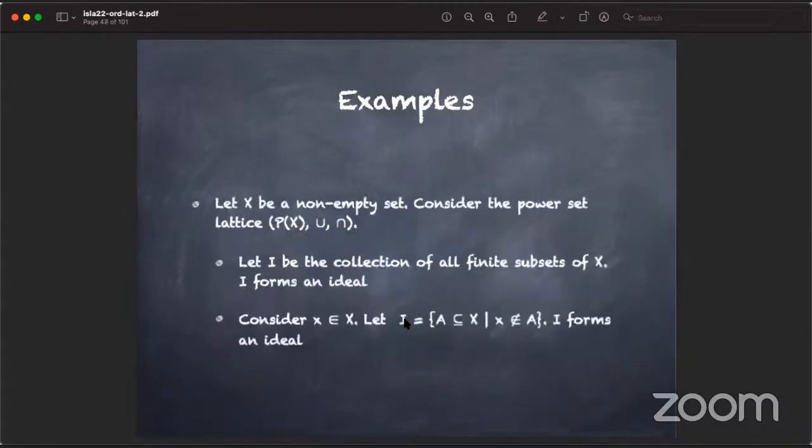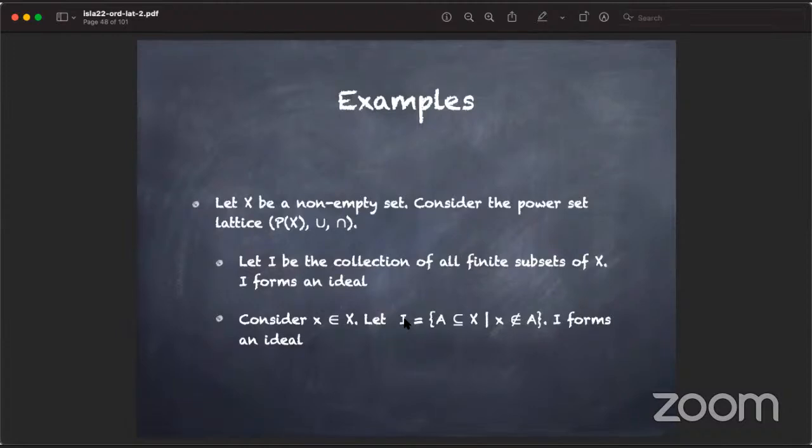Similarly, take any point x, and think of the collection of all subsets of X which don't have that point. That collection also forms an ideal. Once again, why?